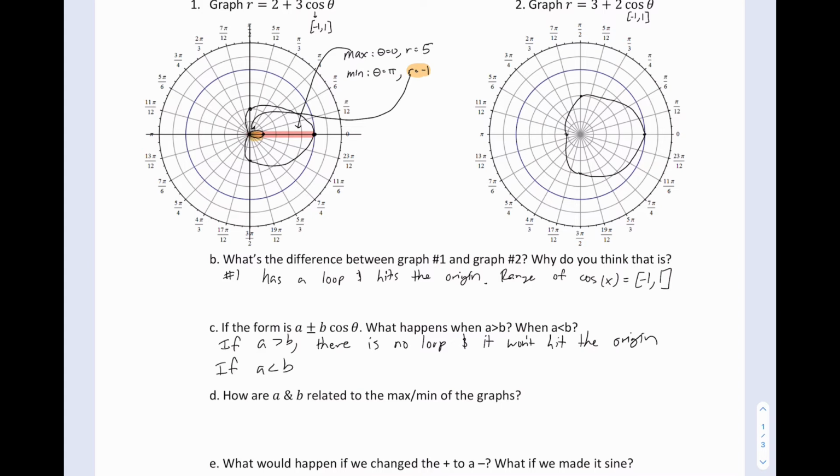If a is smaller, meaning b is bigger, there is a loop, and it hits the origin.